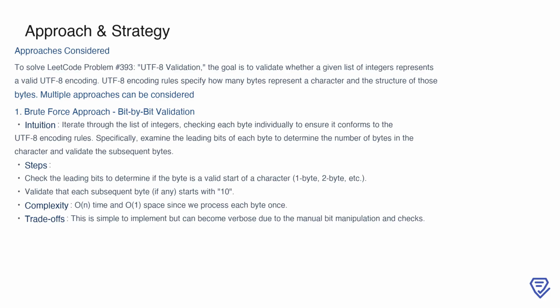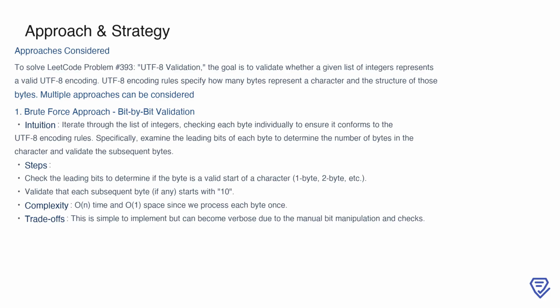This involves checking the leading bits of every byte to determine if it marks the start of a character, and then verifying that any subsequent bytes in the sequence begin with the expected 10-bit pattern.